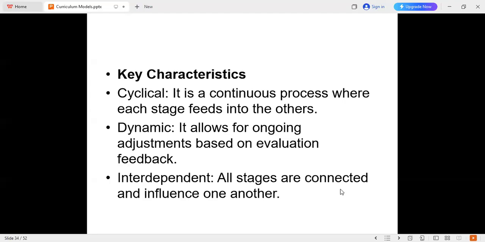Whenever the government is changed, they change the curriculum based on their political party policy, not based on the evaluation of curriculum.